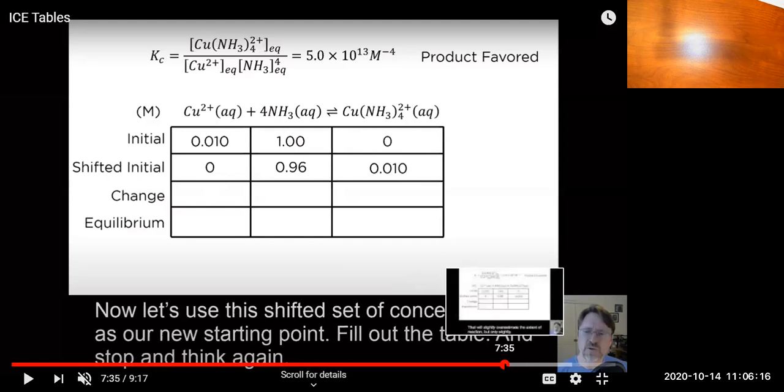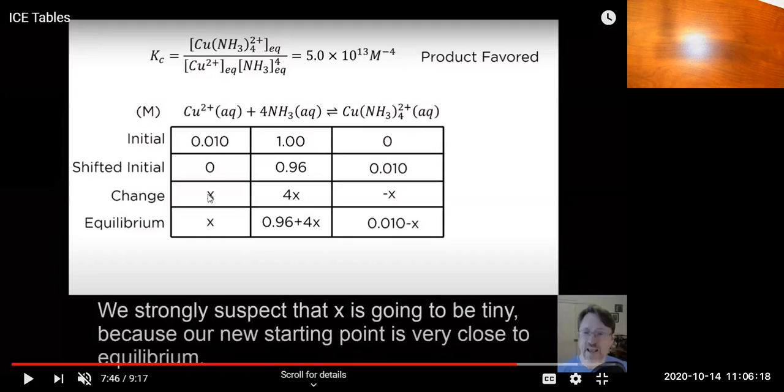And that means that when we look at our next line, our change line, whatever x ends up being as it switches back slightly to the left is going to be very, very small. So if x is very, very small, then let's look at these expressions right here.